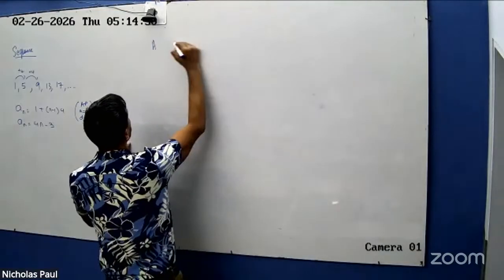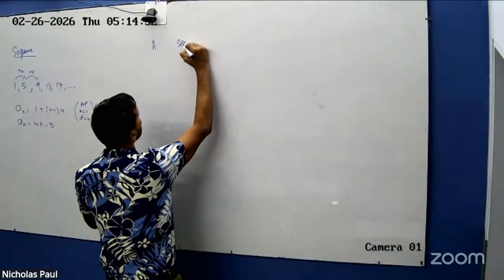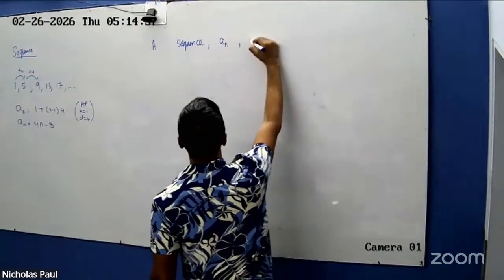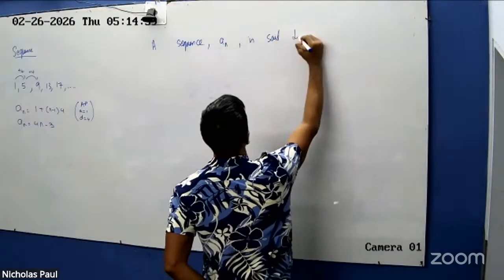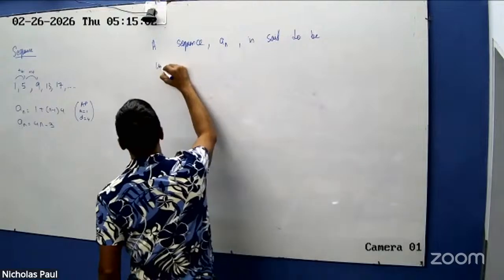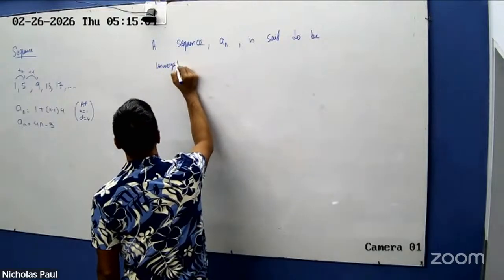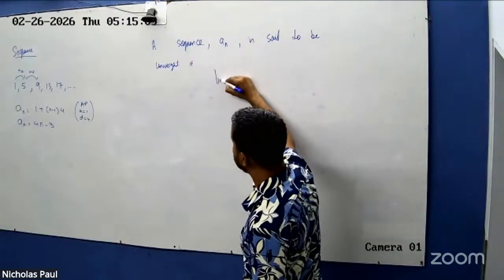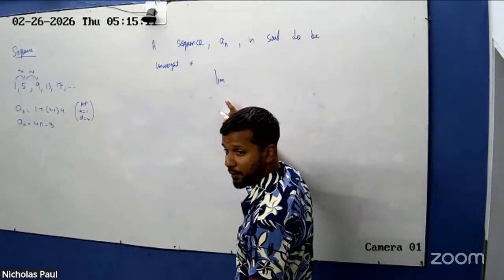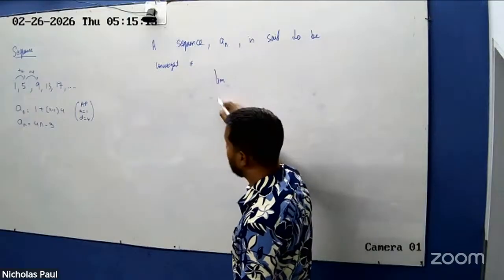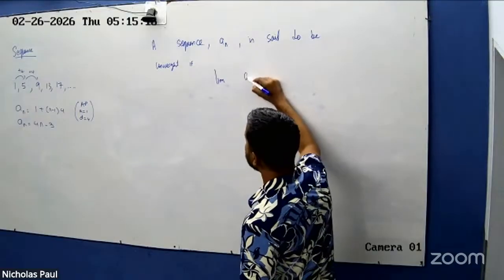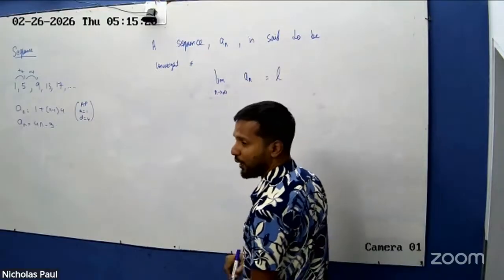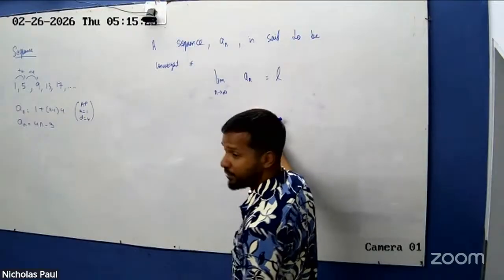A sequence a_n is said to be convergent if the limit of a_n as n approaches infinity is some value L. That's the only way it is convergent.